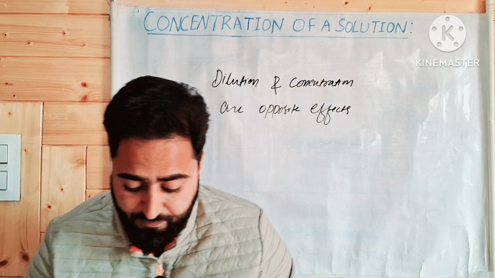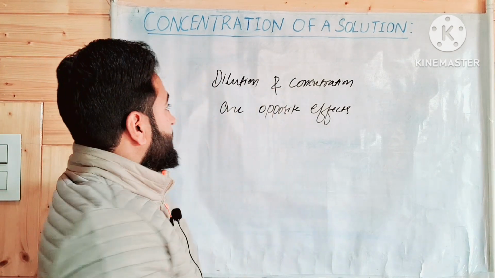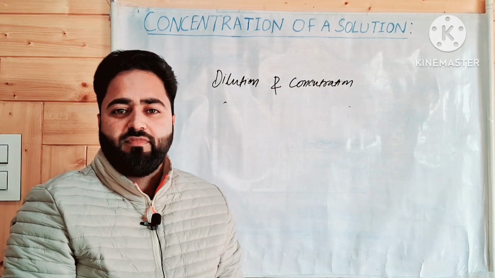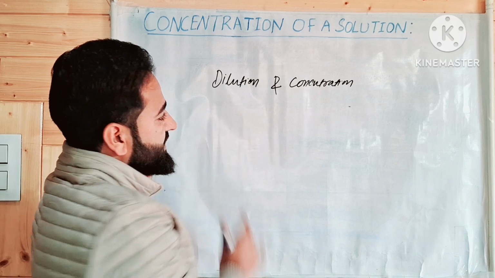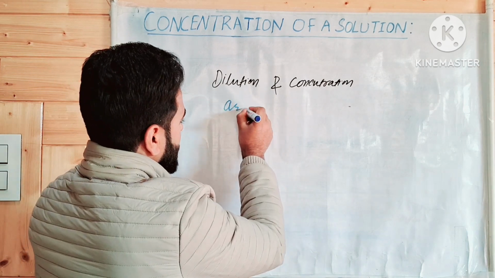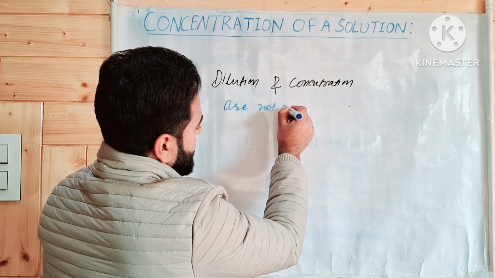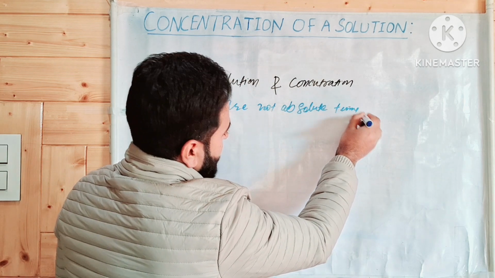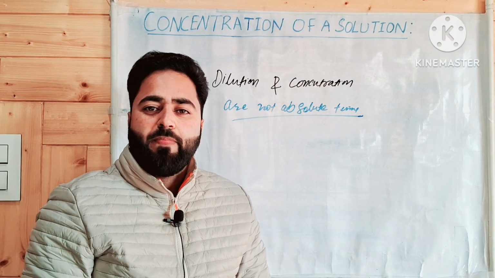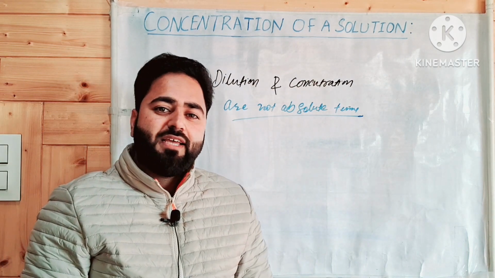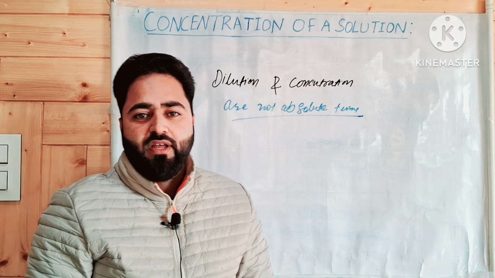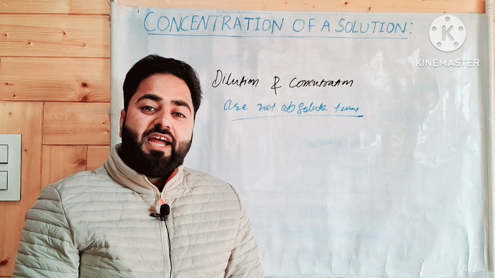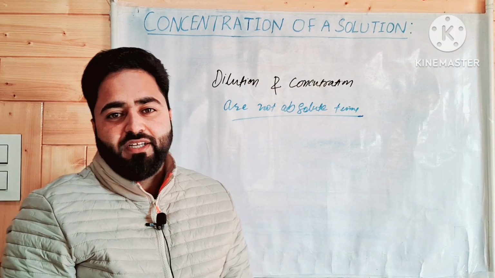Dilution and concentration are not absolute terms, because a dilute solution implies that there is less amount of solute present in a solution, and a concentrated solution implies that there is large amount of solute present in a solution.